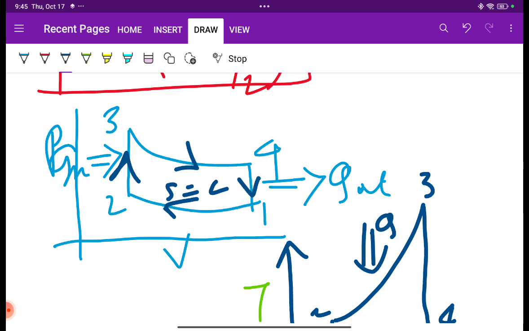From 1 to 2, adiabatic compression takes place. From 2 to 3, heat addition at a constant volume takes place. And from 3 to 4, again reversible adiabatic expansion. Over here as well, adiabatic expansion takes place. Over here adiabatic compression takes place. Here compression, here expansion.